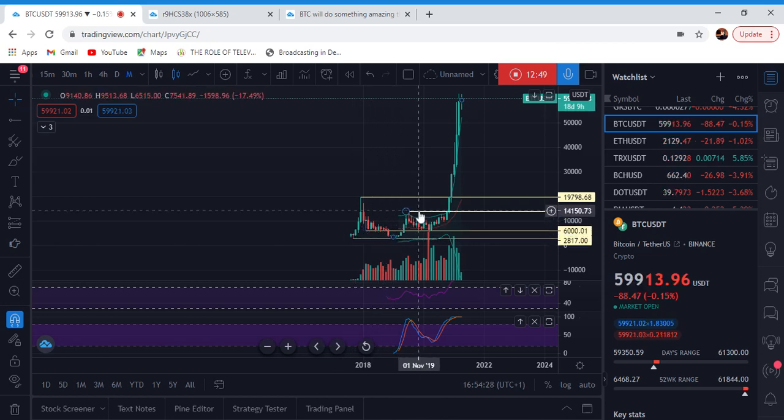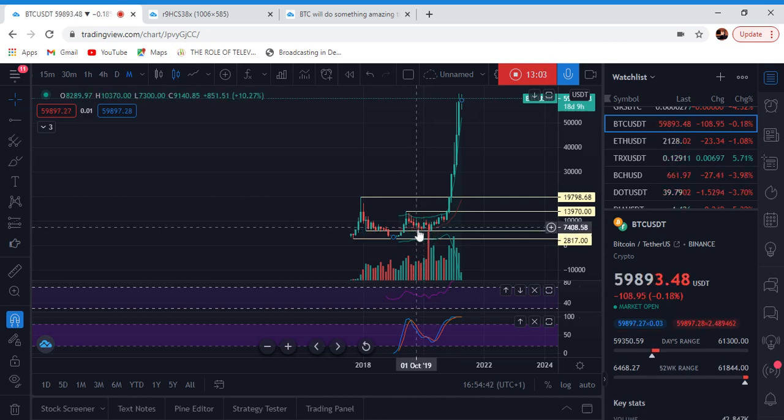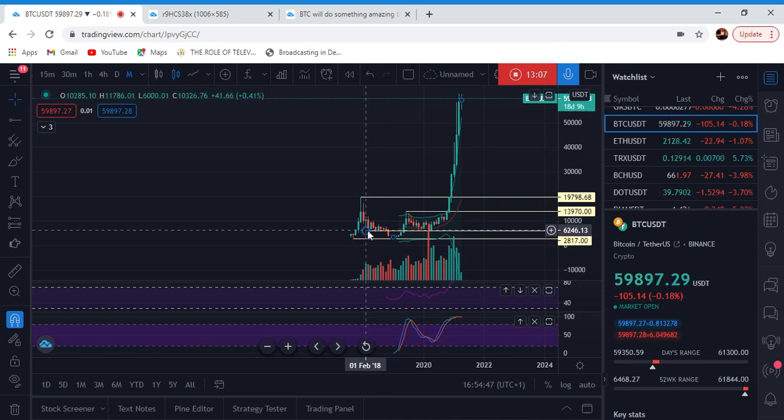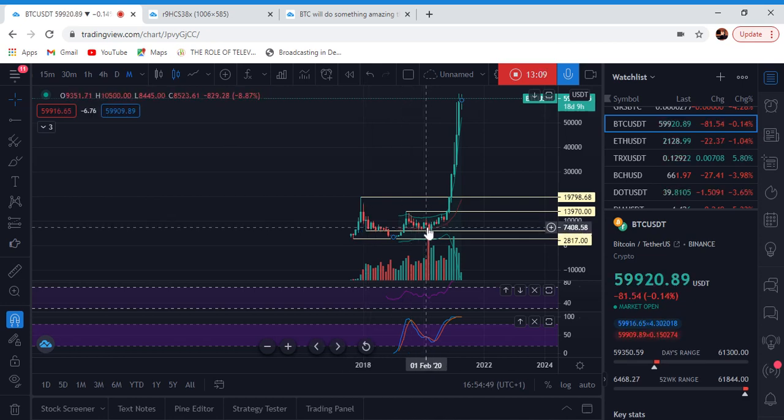When we went up to the peak, this place got rejected, so we are going to mark it as a resistance level. I won't say this is our third support because this support line was gotten from the previous year, 2018.